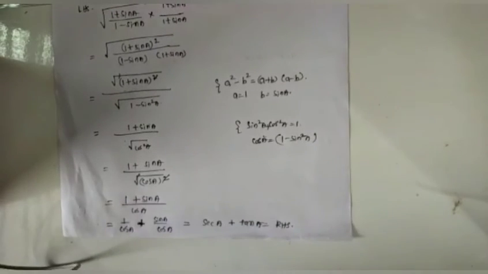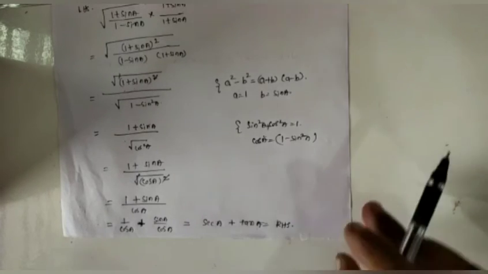The reciprocal of 1 by cos a is secant a, and sin a by cos a is tan a. Is it clear to all children? Is there anything else I can assist you with?